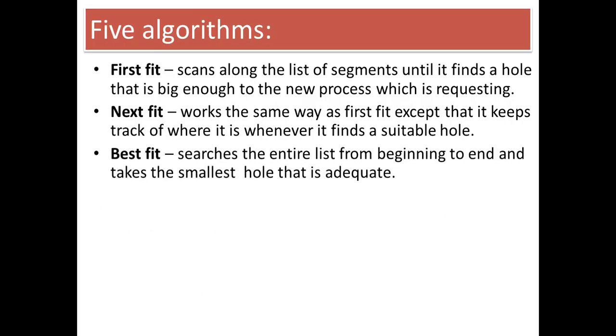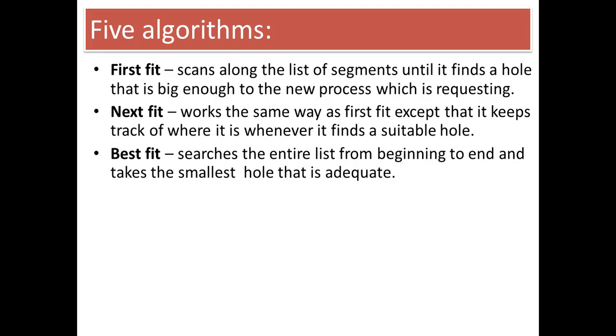The second algorithm is best fit. It is different from the previous two, the first fit and next fit. The difference is that it searches the entire list from the beginning to the end.